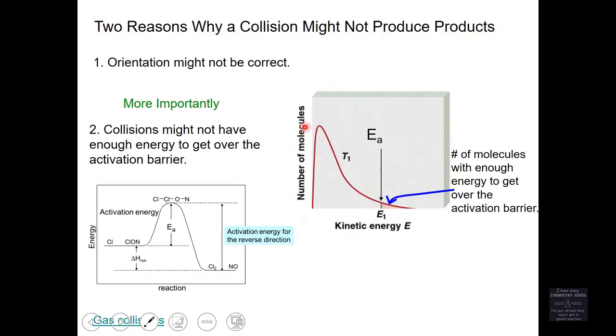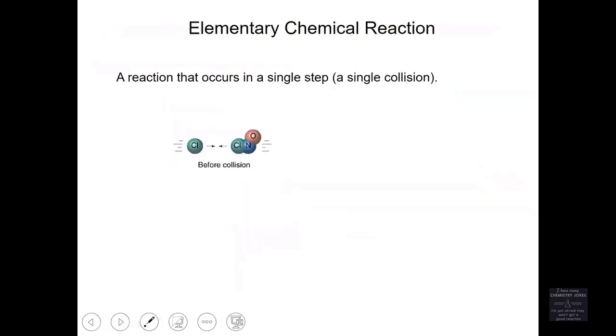Everything below that kinetic energy does not have enough energy to get over the activation barrier. So the activation energy of a reaction, the activation barrier, is really an important thing, and we will spend a whole day talking about the activation energy values, how to find them, how they change in different scenarios, but that's not today. Today, we're introducing you to mechanisms overall.